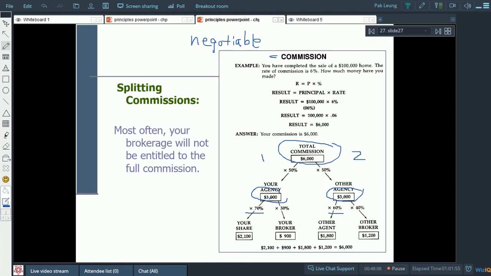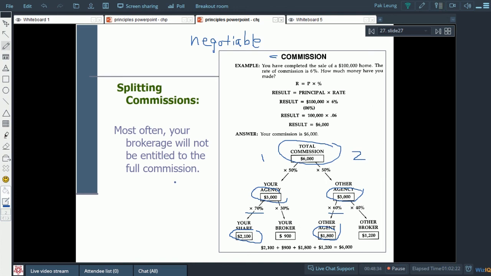Here's how much the company makes. But if you're the agent for company number 1, they give you 70%. Company number 2, they give you 60%. So 3,000 at 70% is 2,100 from this company.